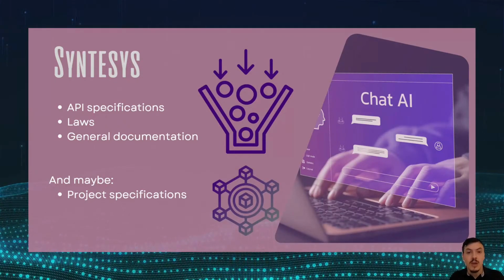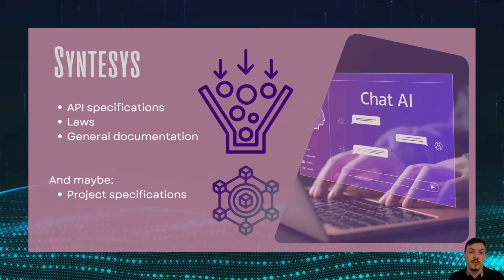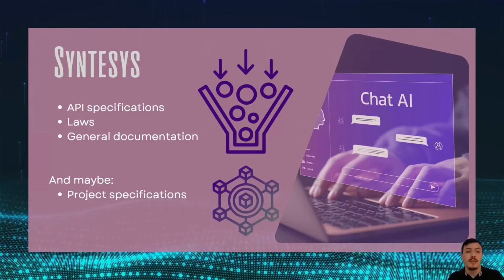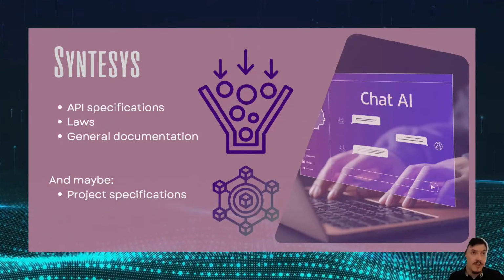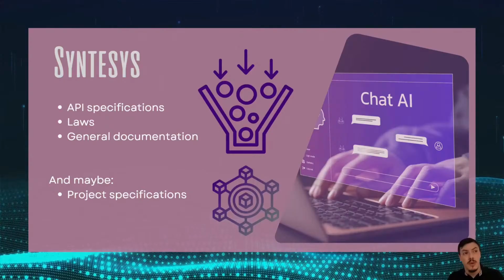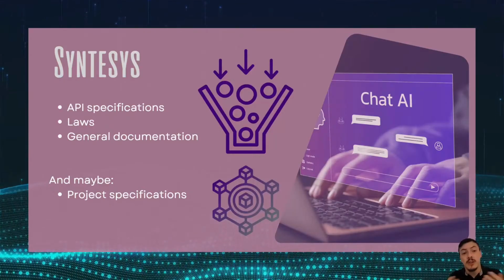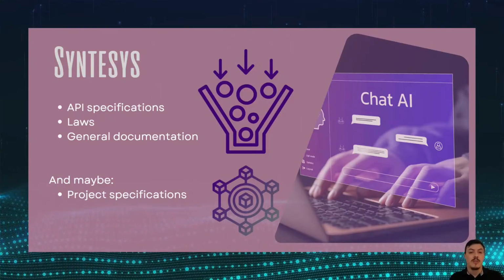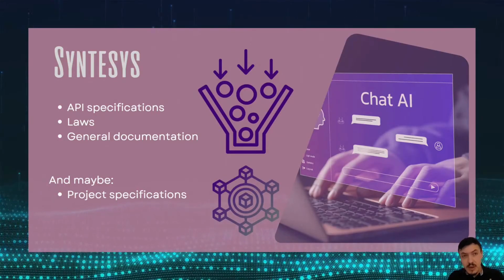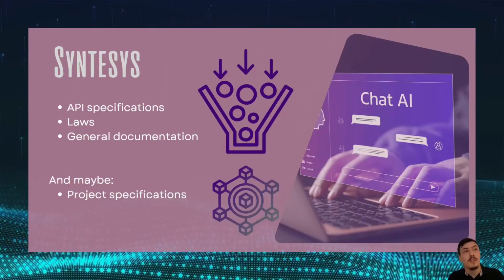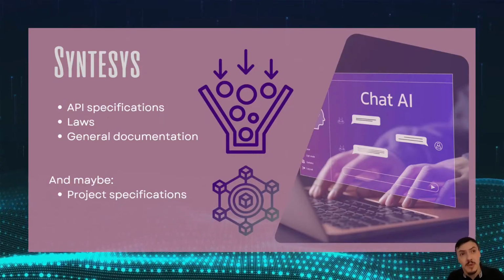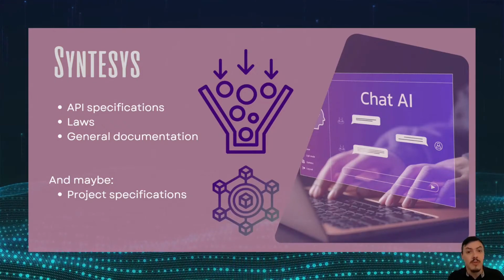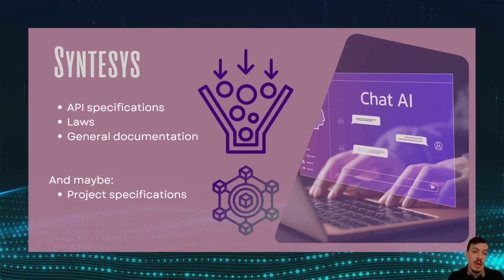You can use LLMs to summarize topics for you, and it seems very simple, but when we are talking about a very large API, this will save you a lot of time. You can even ask the LLM to explain the concepts involved in that integration that you are about to do.